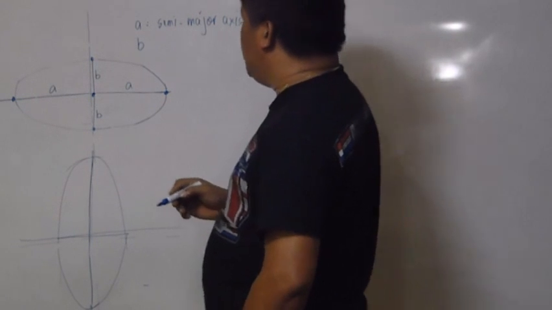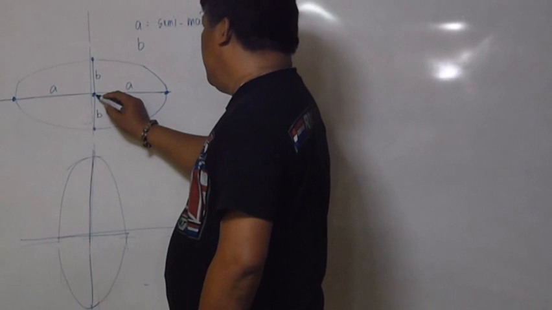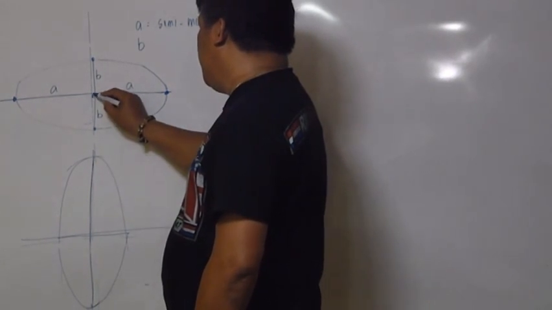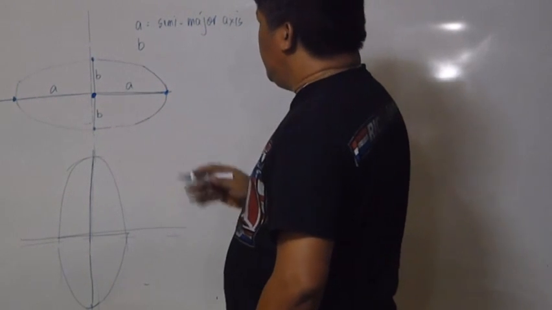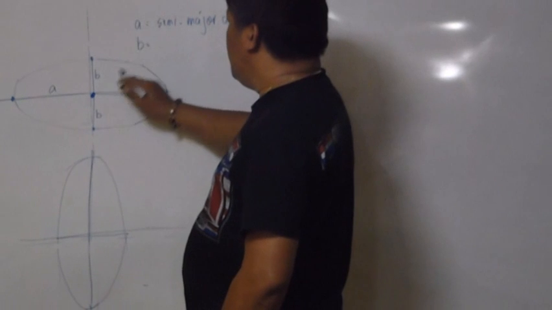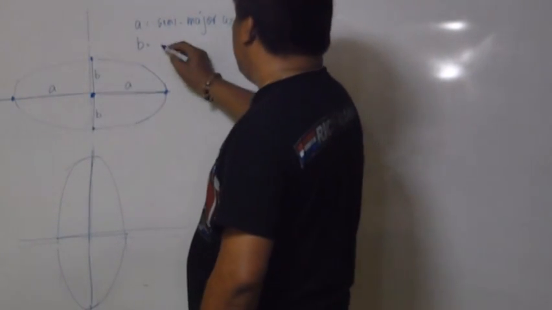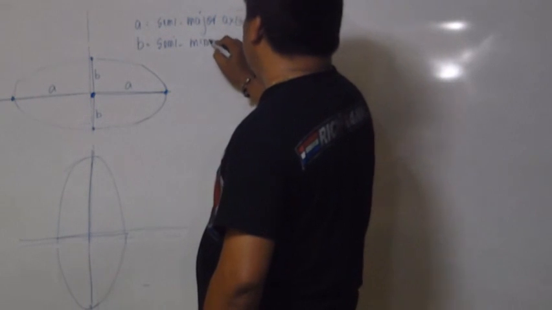It is the length of the semi-major axis. It is semi because it is the distance from the center of the ellipse to the vertex. And B, which is the shorter axis, is considered as semi-minor axis.